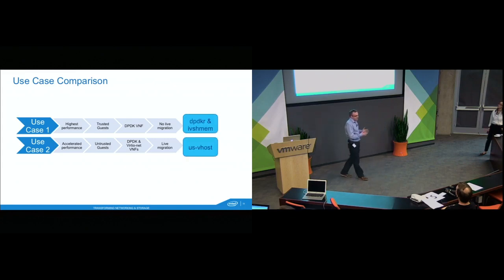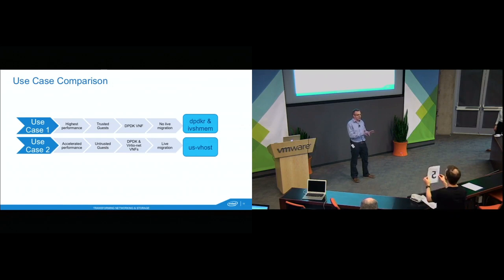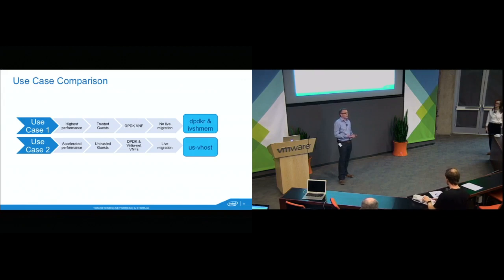Okay, so I say pretty easy, but these are DPDK rings and IVSHMEM shared memory would suit the first user. Userspace VHOST would suit the second one. So in terms of availability, DPDK rings and IVSHMEM shared memory is on master, and Userspace VHOST is available as a patch. Obviously these are very artificial use cases, but in reality a trade-off would be required.